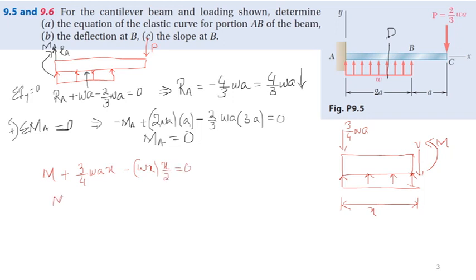So the moment equation will be simply wx squared by 2 minus 4wax by 3.